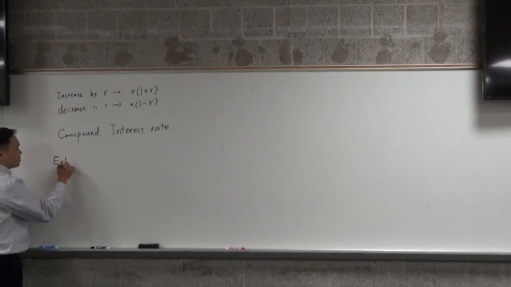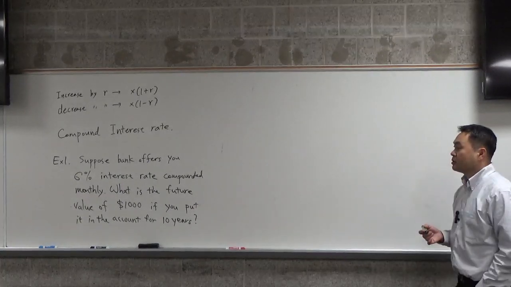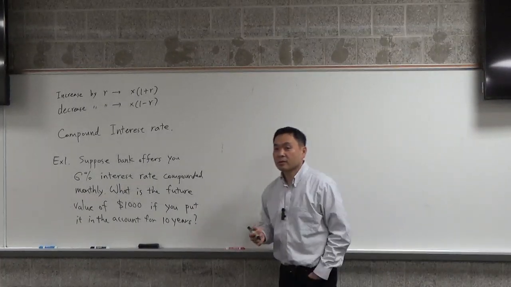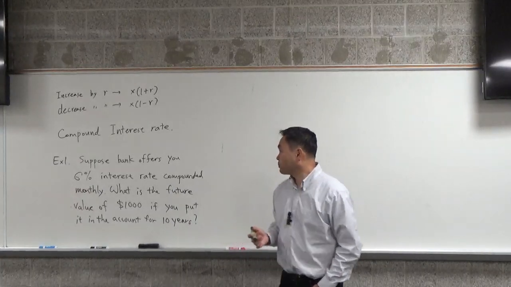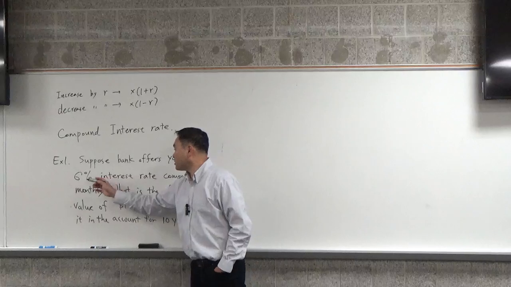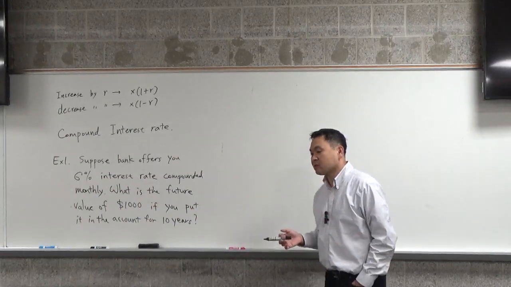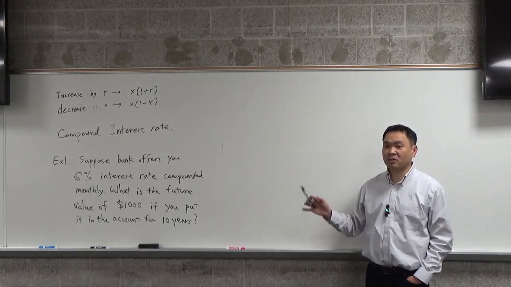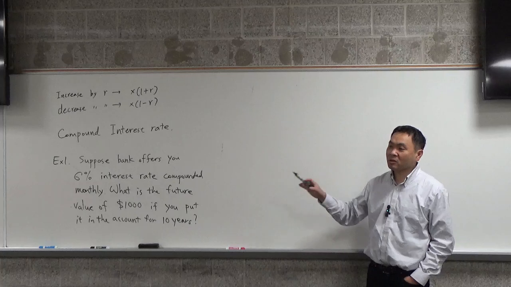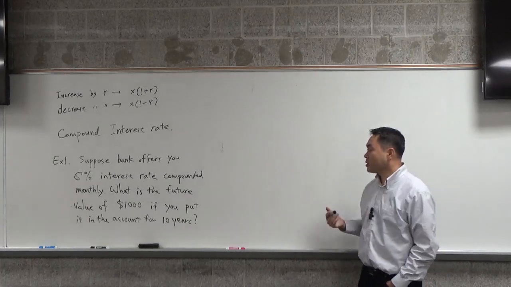Example 1. So let's think about this. This 6% interest rate is APR, annual percentage rate, and it's slightly different from annual percentage yield that you would see in the bank. I'll try to explain what APY is a bit later, okay?